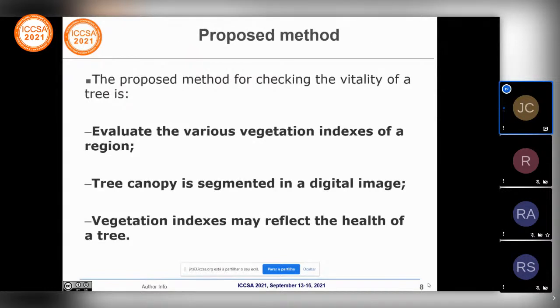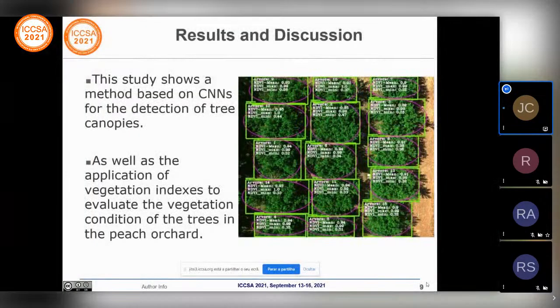The proposed method for checking the vitality of a tree evaluates the various vegetation indexes of a region where a tree canopy is located in a digital image, since the vegetation indexes may reflect the health of a tree. This study shows a method based on a convolutional neural network for the detection of tree canopies, as well as the application of vegetation indexes to evaluate the vegetation condition of a tree in the peach orchard.